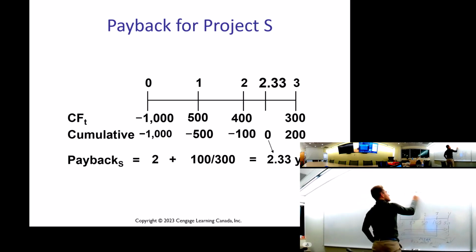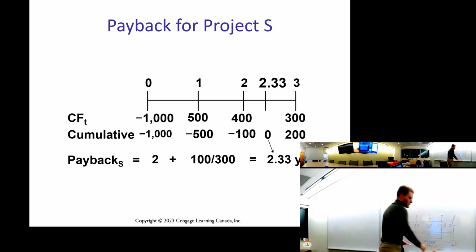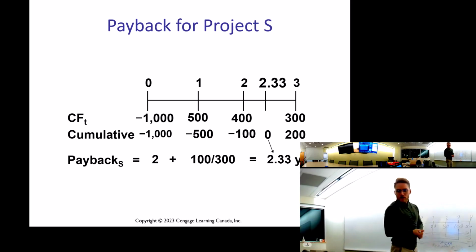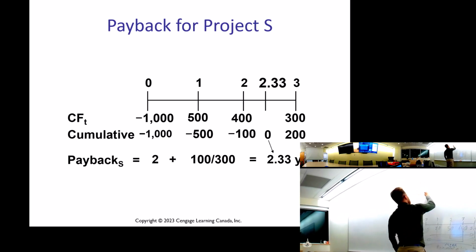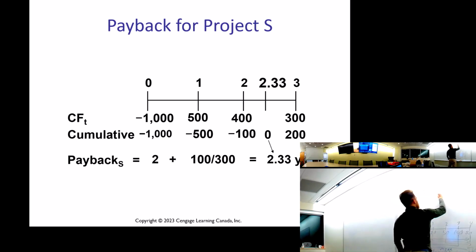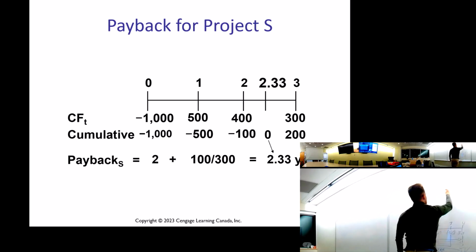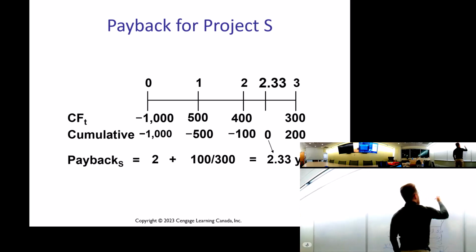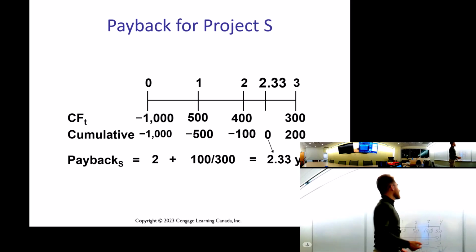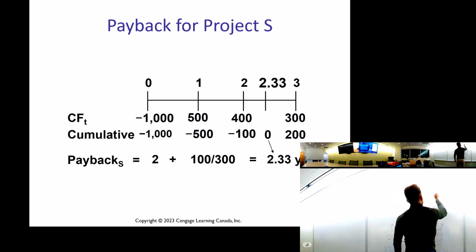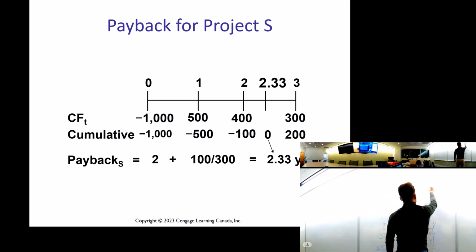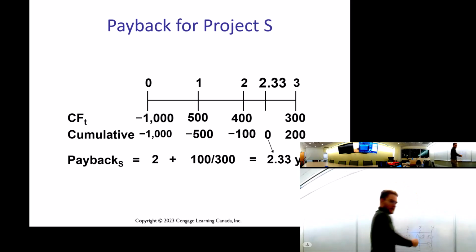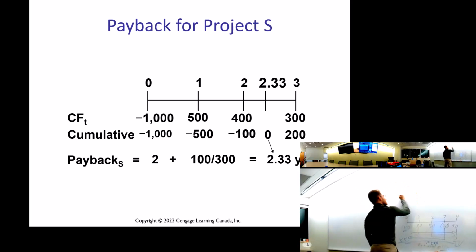Okay, so what I'm really saying, right, is year 0, year 1, year 2, year 3. I need to extend that a little bit, make it neater. Year 3, okay. All right, and my initial outflow is 1,000.